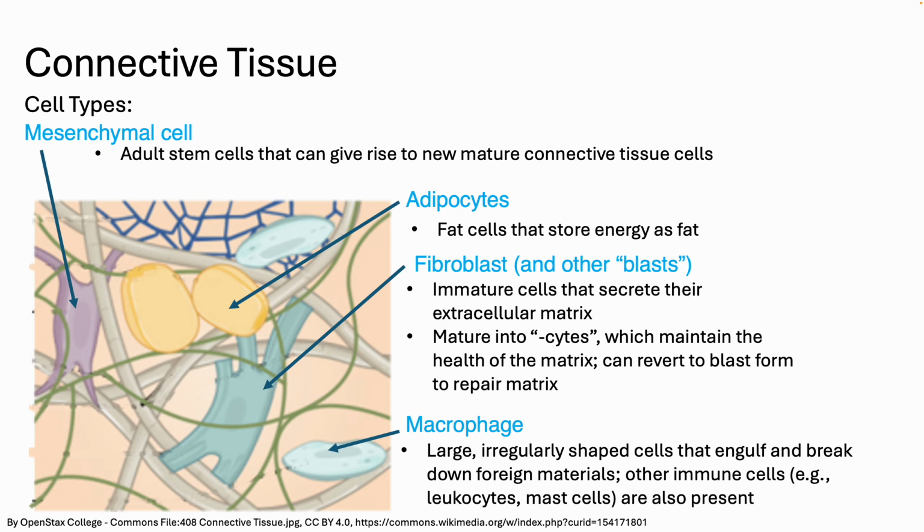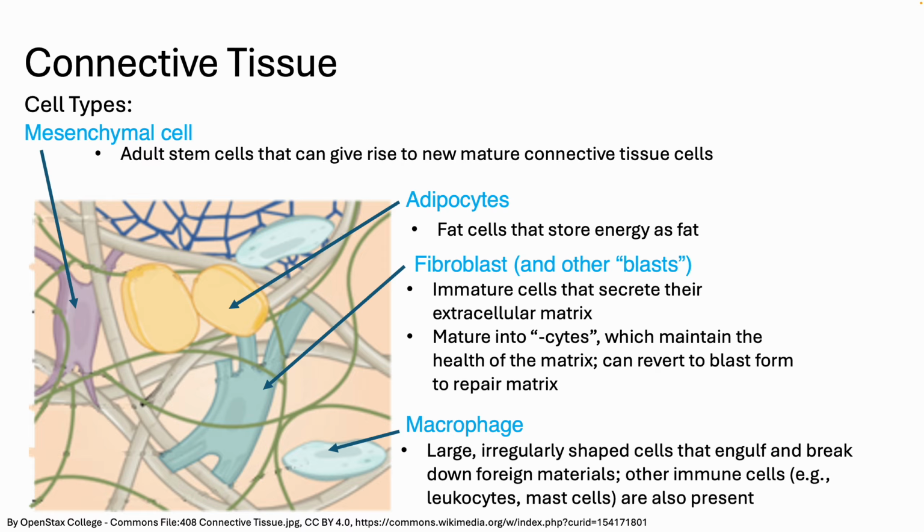So examples, fibroblasts differentiate into fibrocytes. Chondroblasts, which you find in cartilage, are going to differentiate into chondrocytes, and osteoblasts are going to differentiate into osteocytes. So the immature blast form are actively dividing, while the cyte form is not going to be actively dividing.